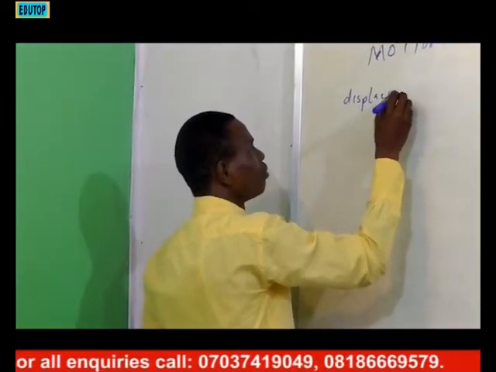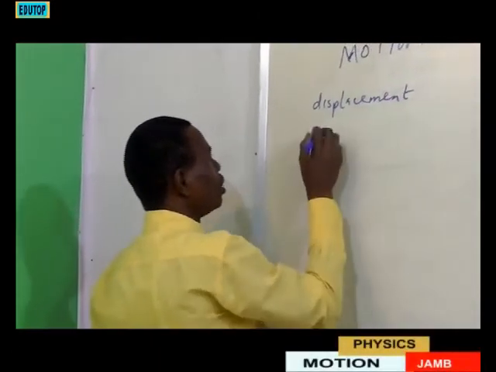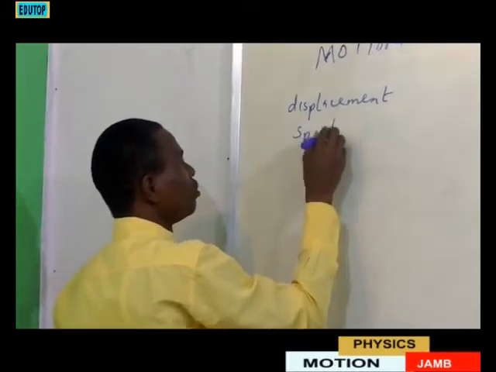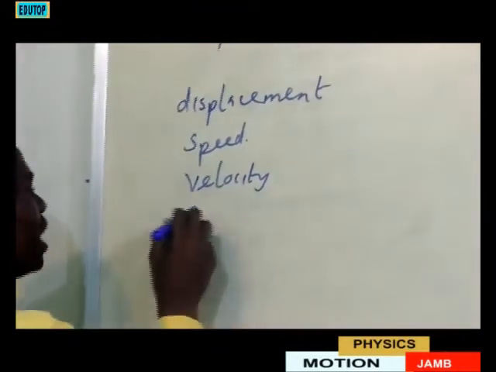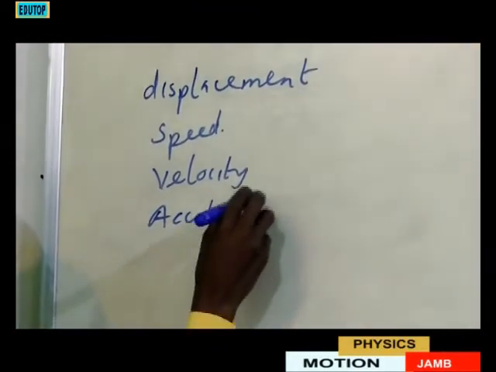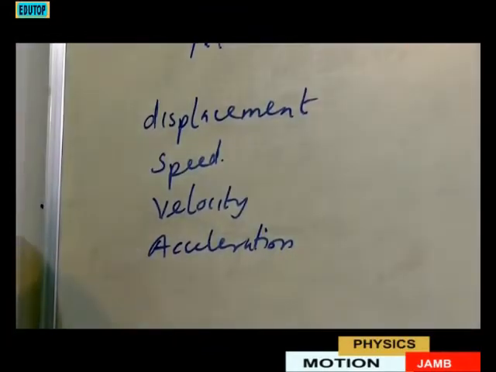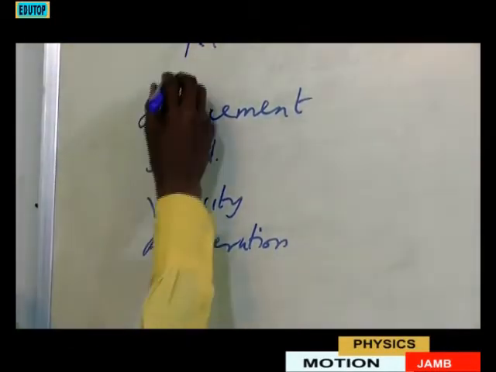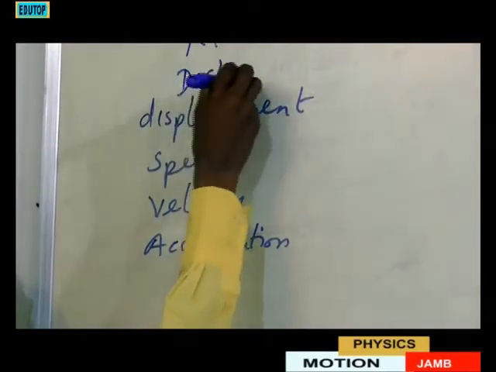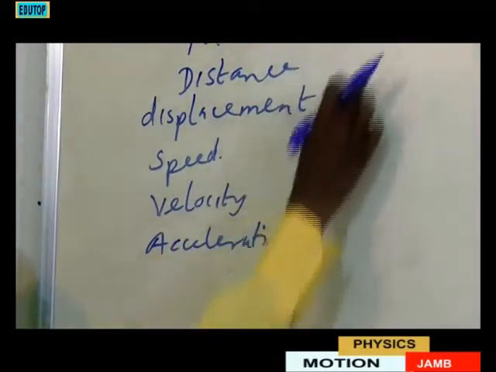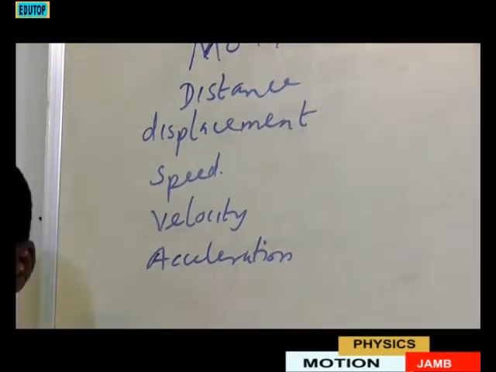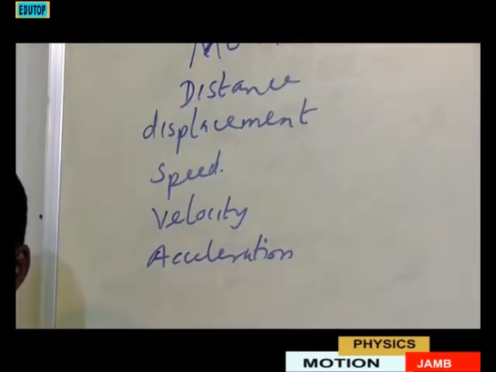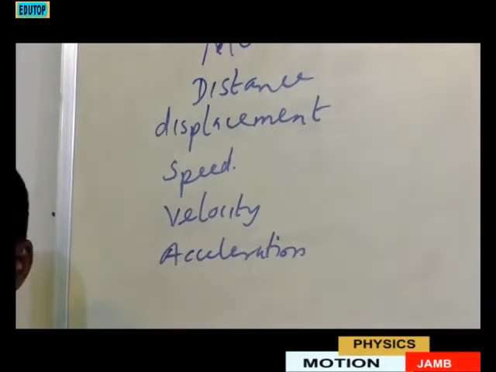There are some terms that are associated with the motion of a body, and I will give you those terms: displacement, speed, velocity, acceleration. Can you see that? Distance. All these are the terms you want to consider.